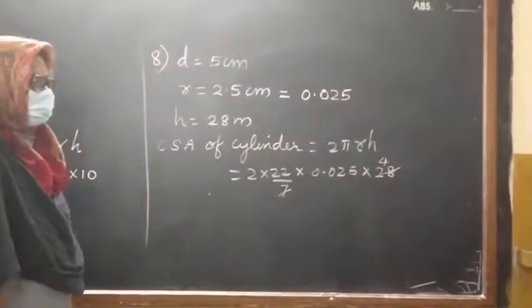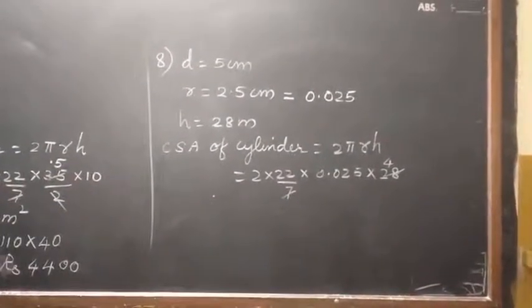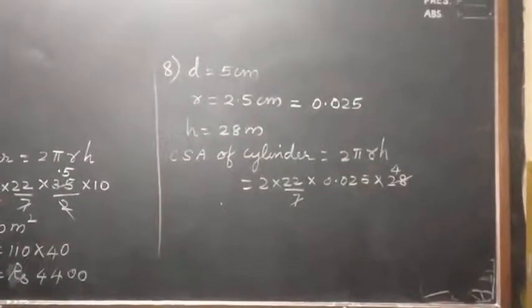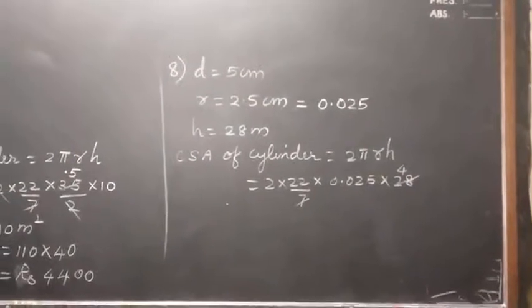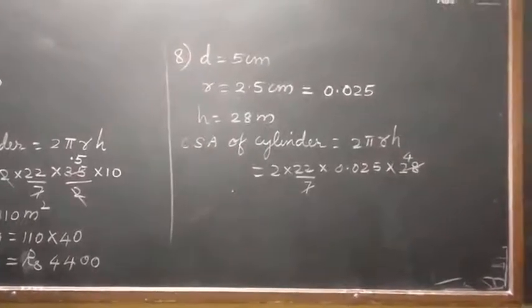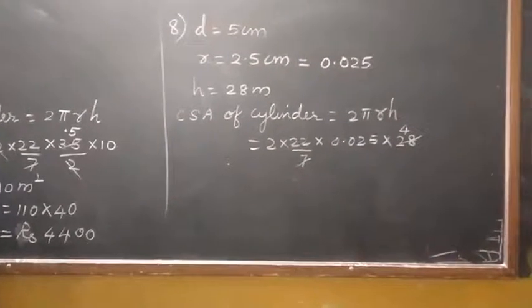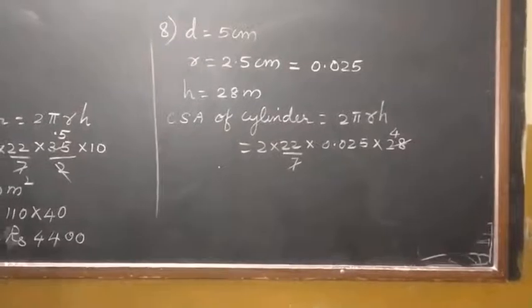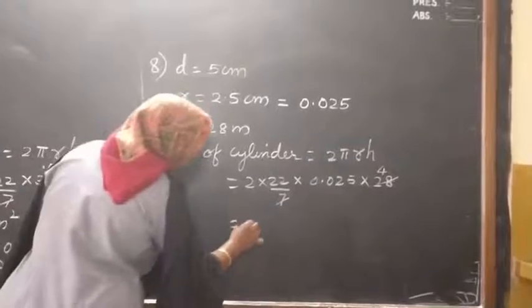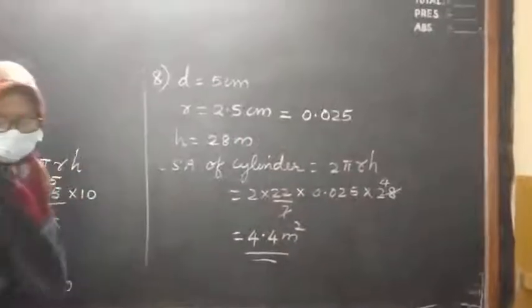So 2 into 4, 8. 8 into 22, then multiply by 0.025. So here you are getting 4.4 meter square. Only that much is asked.